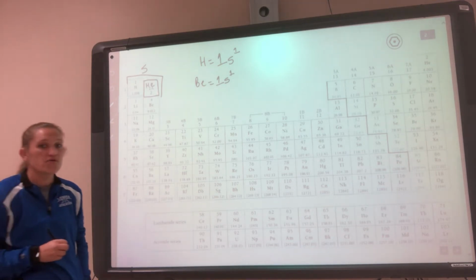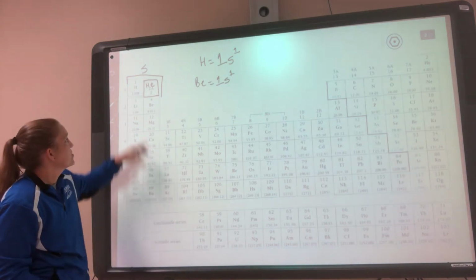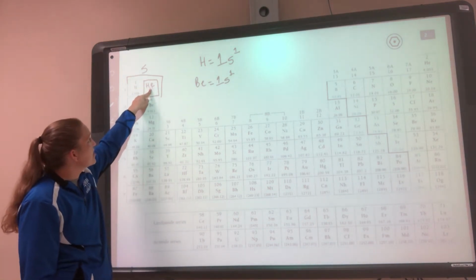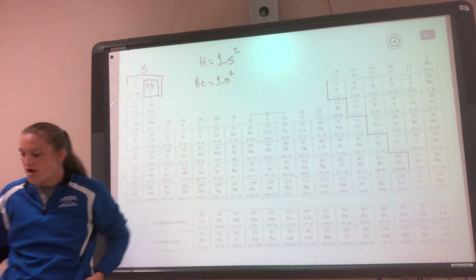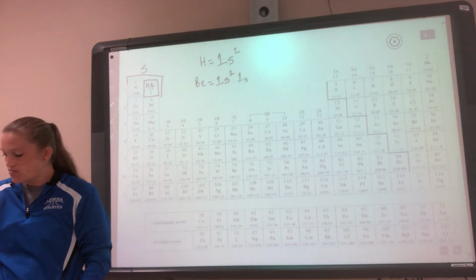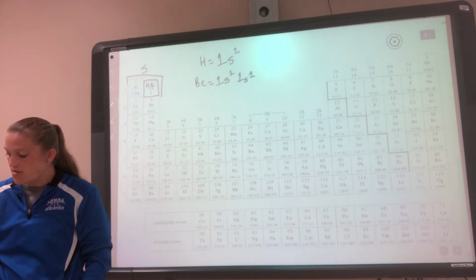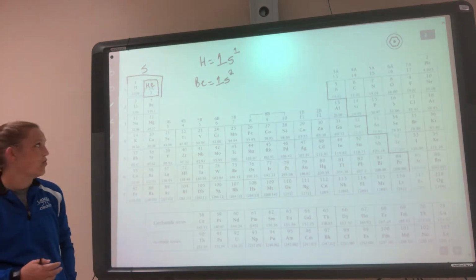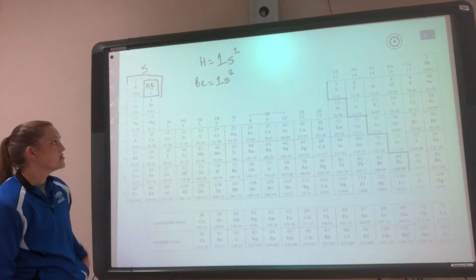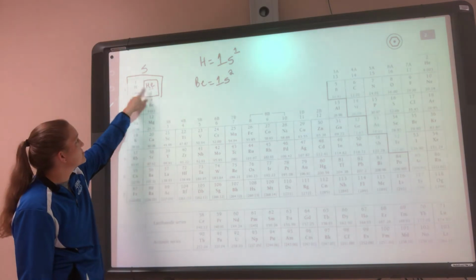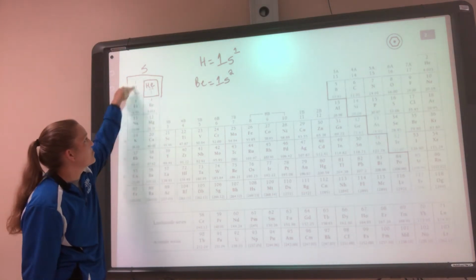So he's also in the S block, and his electron would be the second electron in the S. Instead of writing 1s1 for each of those electrons, remember how many electrons can be in an orbital? 2. So we put both electrons in that S orbital, because one is going to be spin up and one is going to be spin down. Now we've got the first 2 electrons. They're both in N equals 1, and both in the S block.